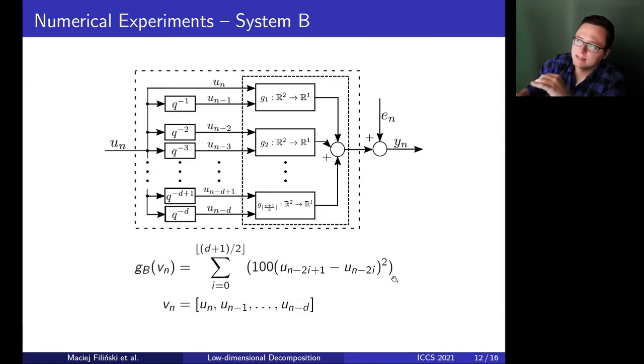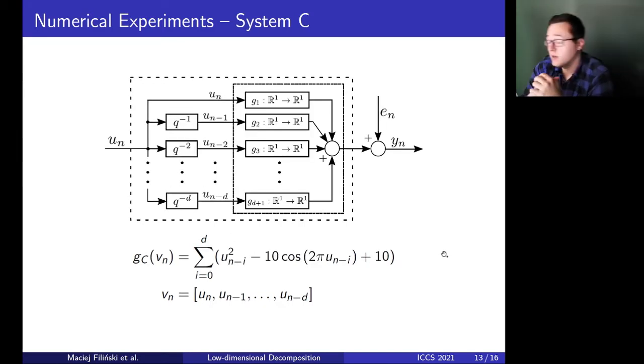The second system, system B, is partially separable, so we can split the function g into smaller short-term memory elements, here with 2 inputs each. And here is the corresponding equation of this second system.